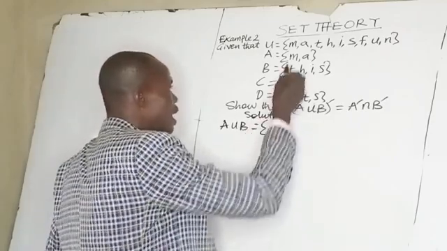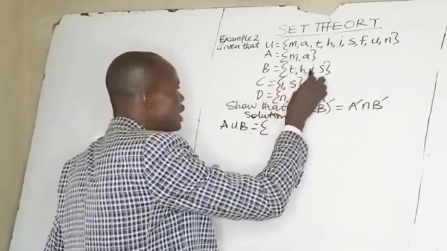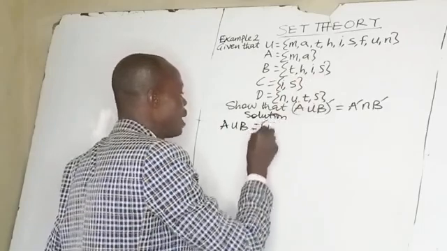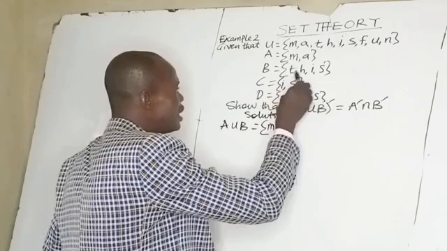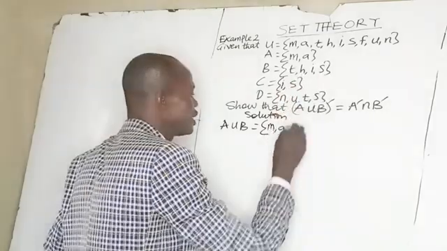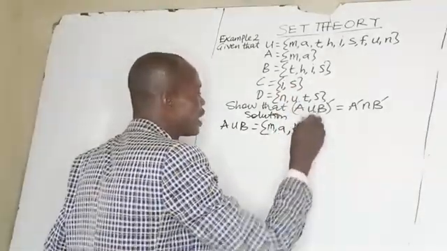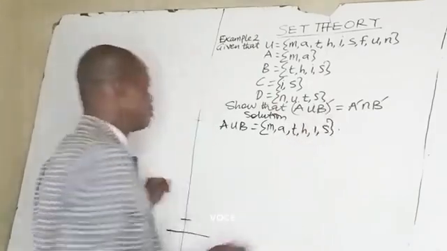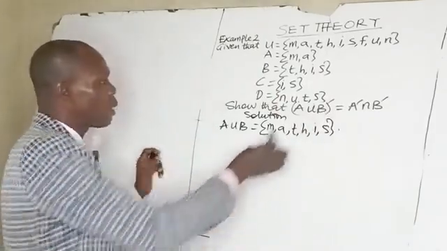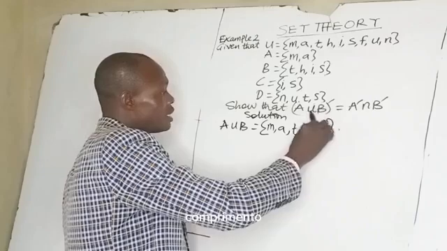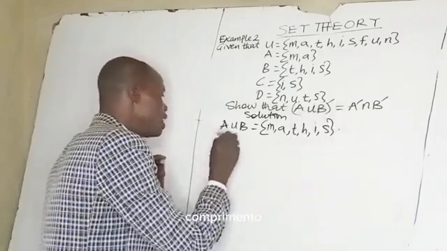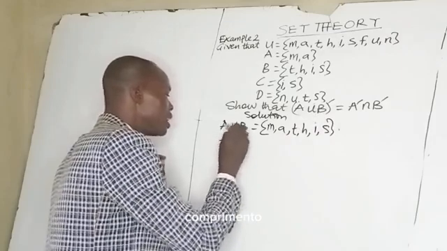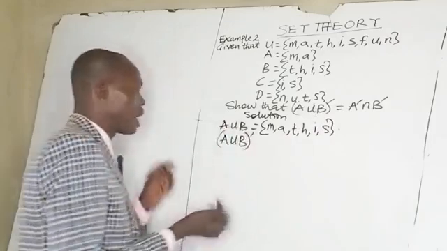So we have MATHIS. M A, that is for set A. Set B, we have THIS. That is set B. But what we need is the complement of the union of set A and B. So we need A union B all in complement or prime.